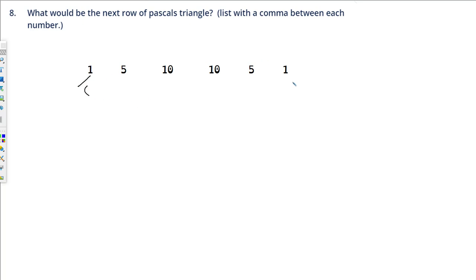You're going to add an extra 1 on the ends. And then these two will add to give you the next number. These two add to give you the next number.